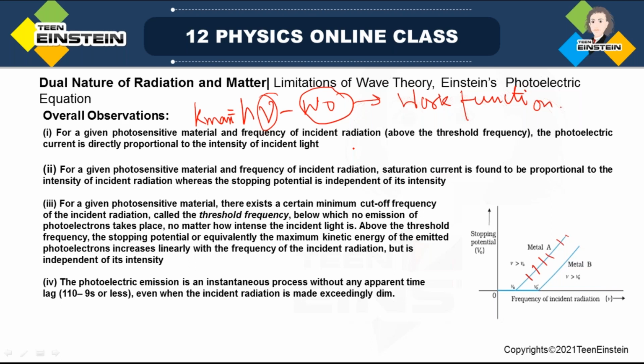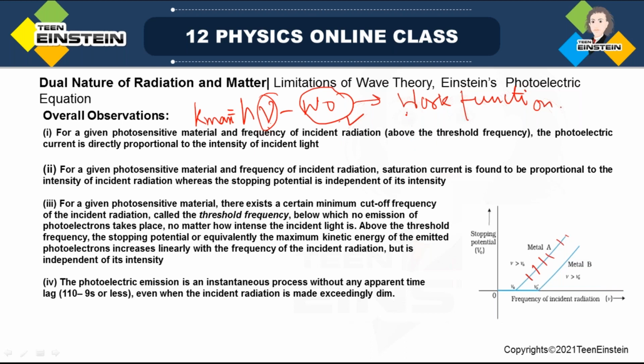It is the restraining force given by the nucleus of the metal surface. To overcome that, you need to provide an electron a minimum amount of energy for a particular metal surface; that is called the work function. Since, according to the quantum theory of radiation, energy depends only on the frequency, not on the intensity, you should have a cutoff frequency.